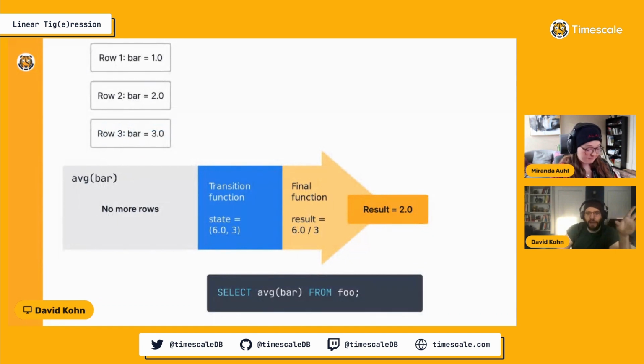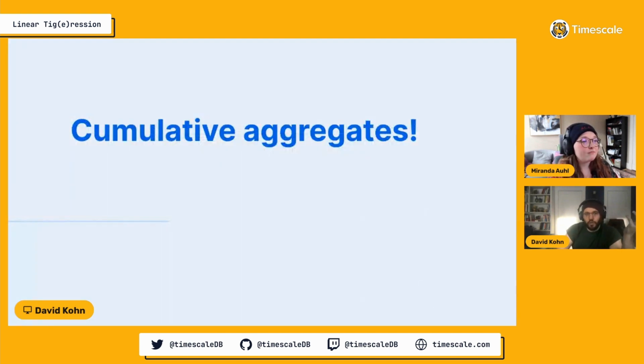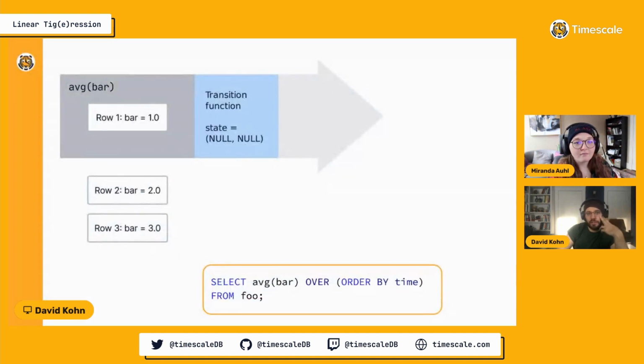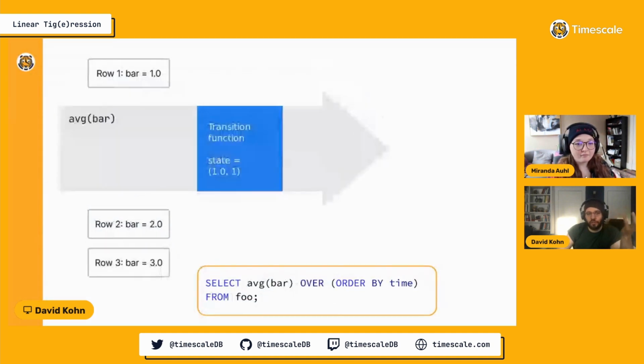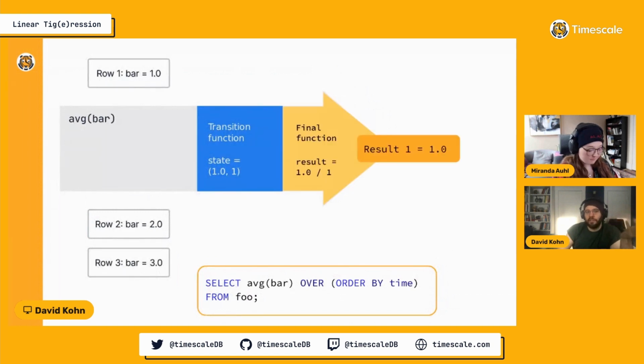That is how a normal aggregate works. That final function is being applied to the transition state. So for a window function where we just have an order by and we're doing some cumulative aggregates, we apply the transition function and get a transition state, and now we just apply the final function there. So for each row, we're just applying the final function to the current transition state.